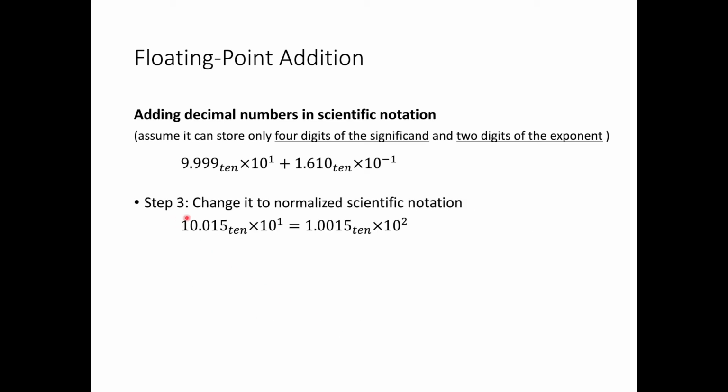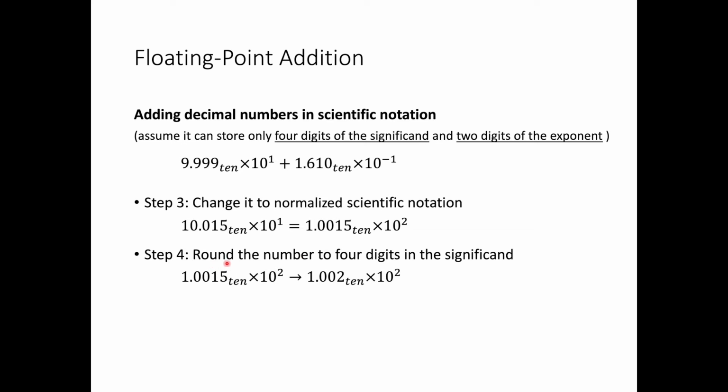Next step, we should change it to the normalized scientific notation. Recall that the normalized scientific notation only has 1 digit to the left. So we can shift it to the left 1 digit, then we get 1.0015 times 10 to the power 2.